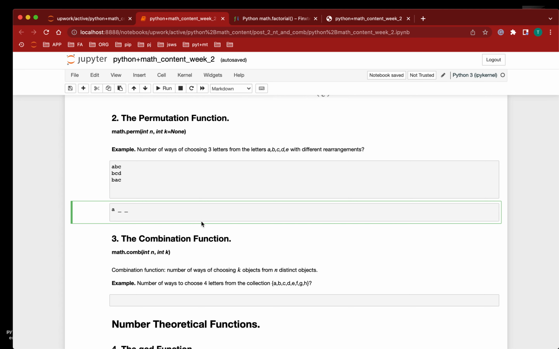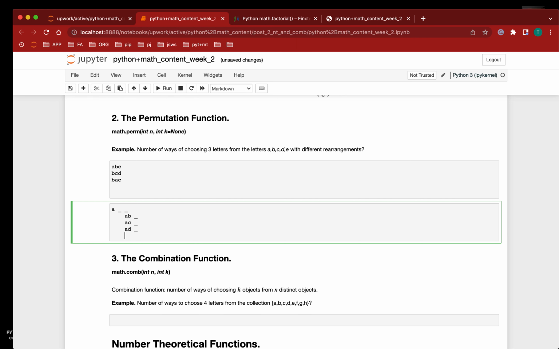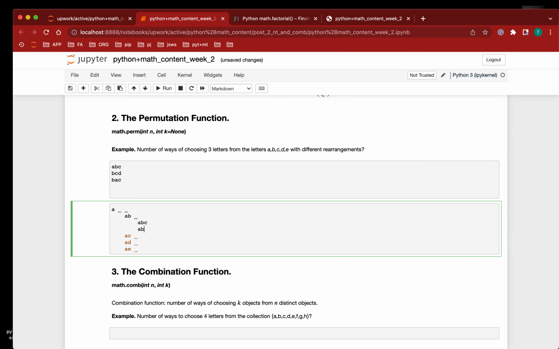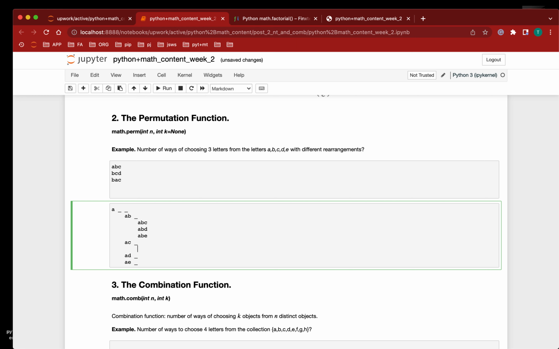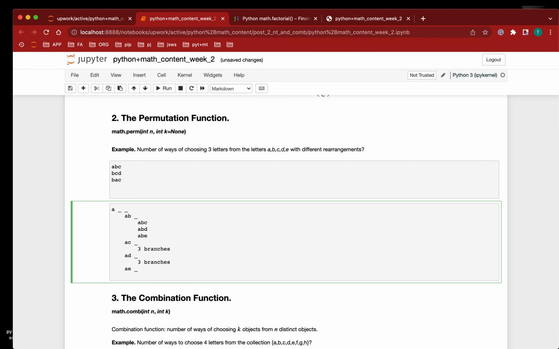Well, the next letter can be B, C, D, or E. And after B, you can have C, D, or E, right? So you can have A, B, C, A, B, D, A, B, E. And likewise, there are 3 branches here, and 3 branches here, and 3 branches here.